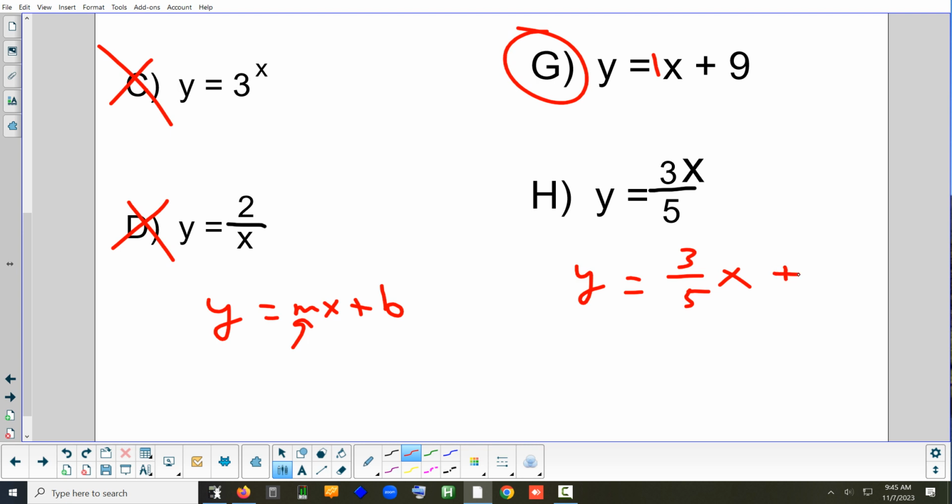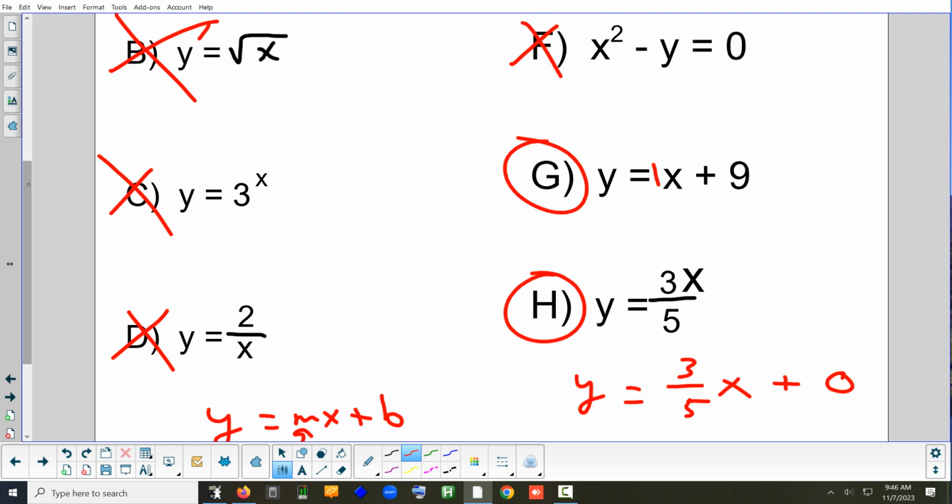Not 1, because if you put a plus 1, that would change the problem. It's like a plus 0. There's nothing there. That's linear. That is y equals mx plus b. So if you don't see a number here, that's fine. Just pretend like it's plus 0. And if you see the x in the top, or you see it right next to it in front, it's exactly the same thing. That doesn't make a difference. Okay, so the things you want to be careful of: square roots, variables in the bottom, variables as exponents, and numbers bigger than a 1 as an exponent.